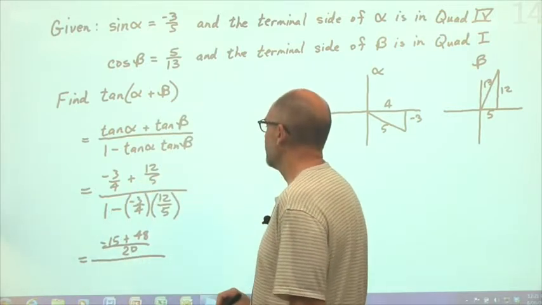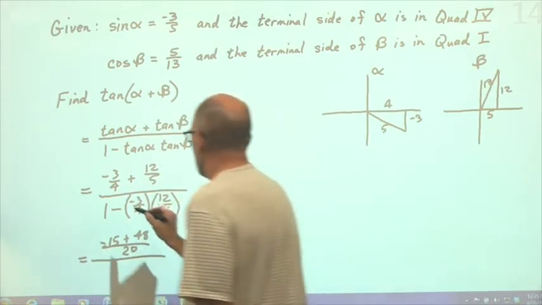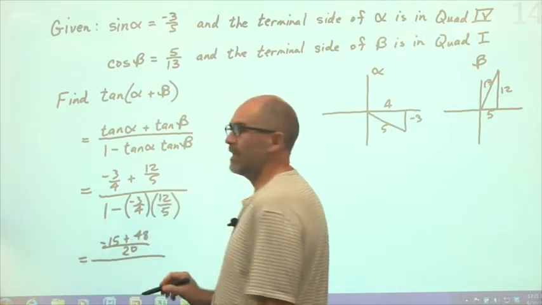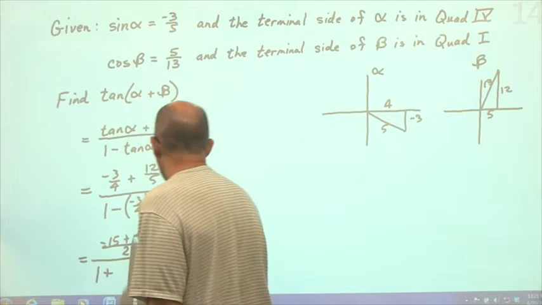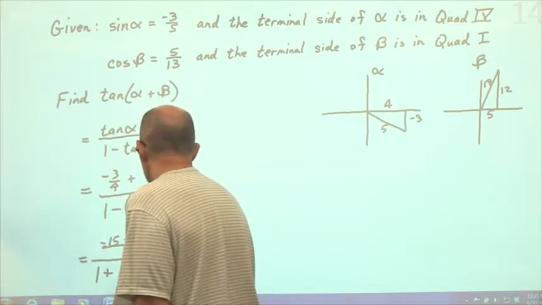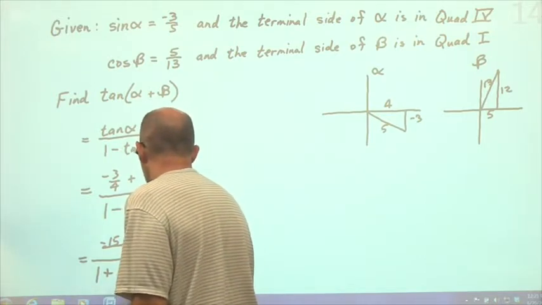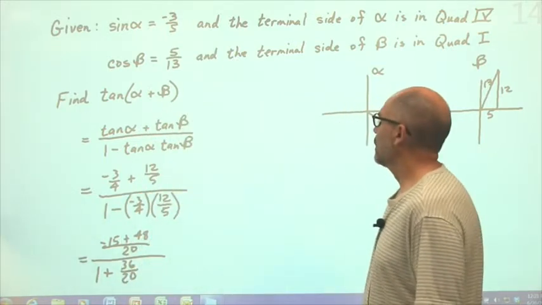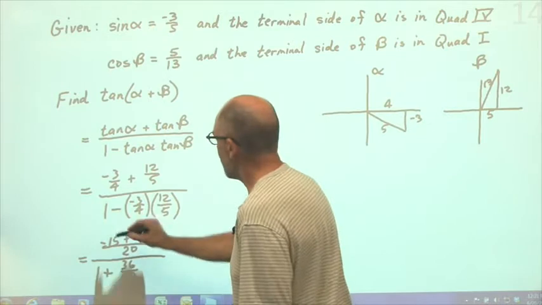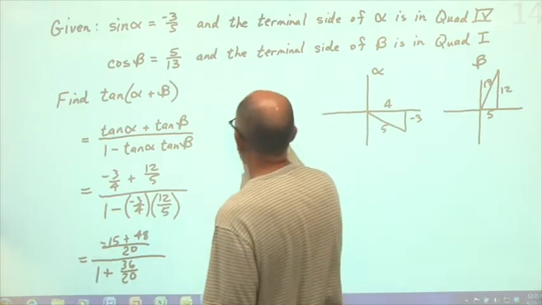And the bottom is going to be 1 minus a negative, which means 1 plus 3 times 12 is 36 over 20. Okay, so 48 minus 15 is 33.